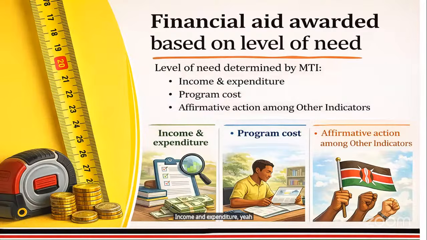You could be coming from a family of 11 children, so a lot of money would be used for education in that family. Also, a lot of money will be used just to make sure that you are breathing, eating, sleeping, so we check on that. We also check on the program cost. The best thing about Open University is that your program cost is very, very good.